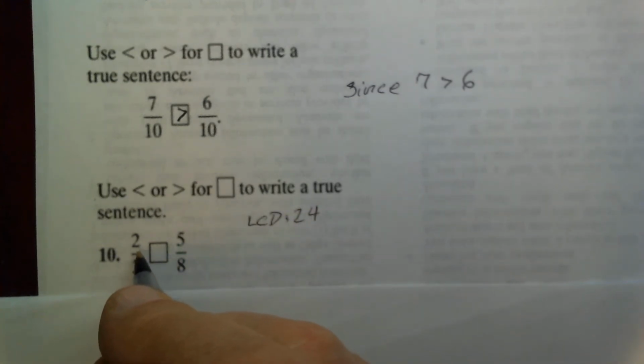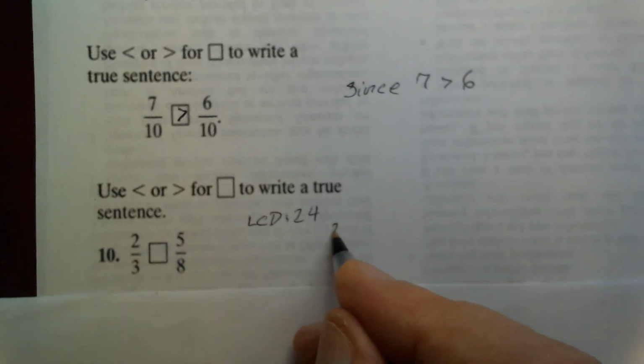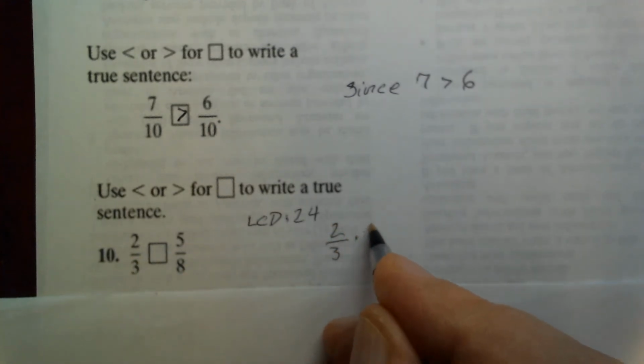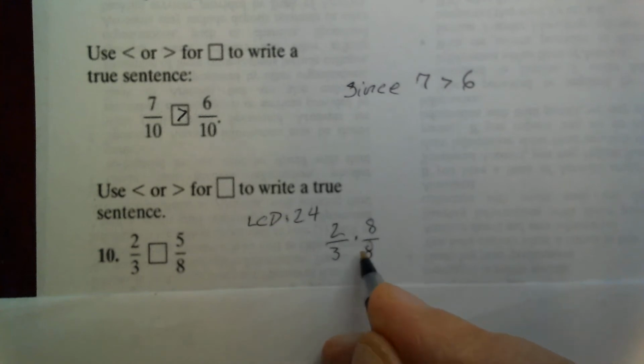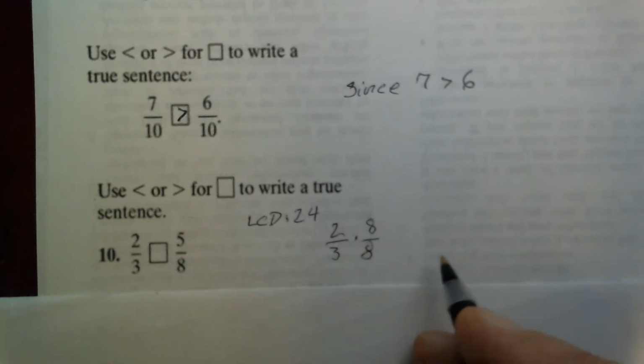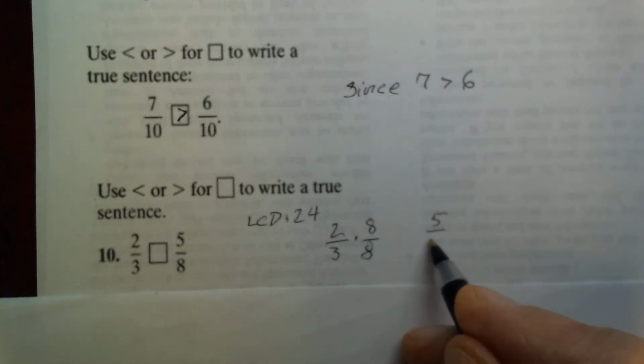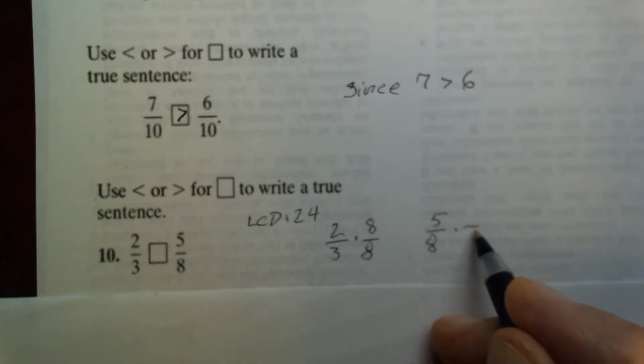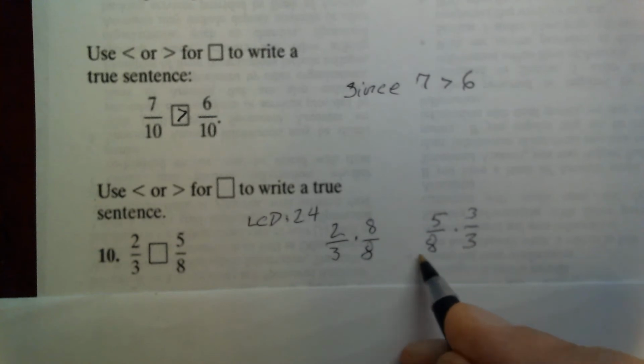So then we multiply 2/3 by 8 divided by 8 to get a 24 in the denominator. And we multiply 5/8 by 3 divided by 3. That gives us a 24 in the denominator.